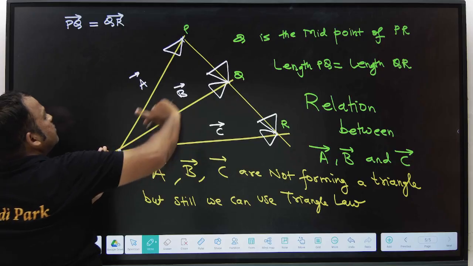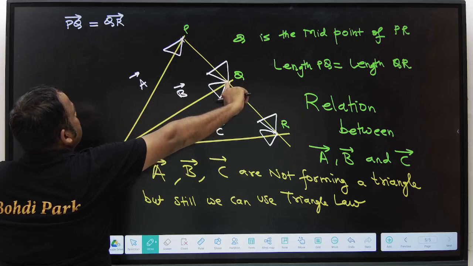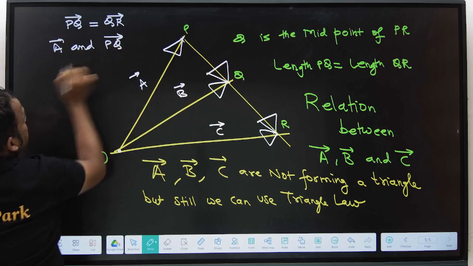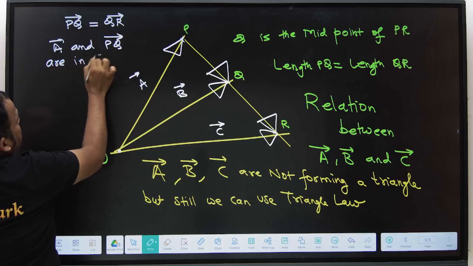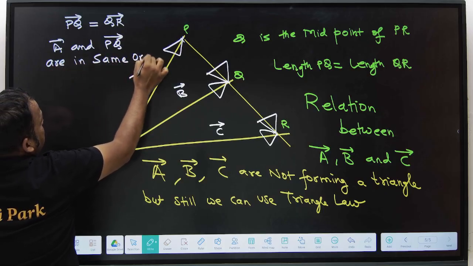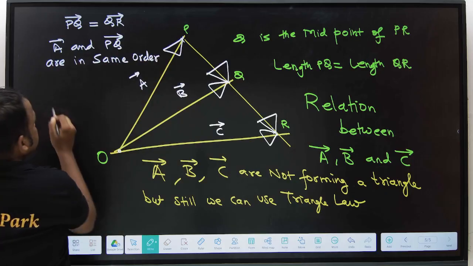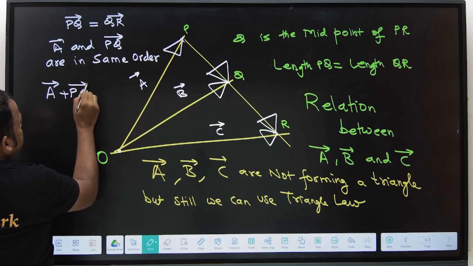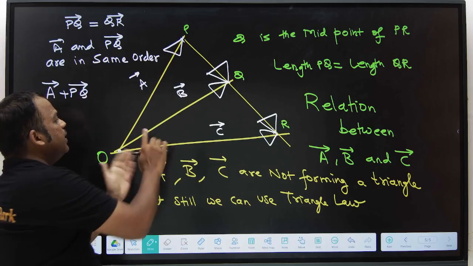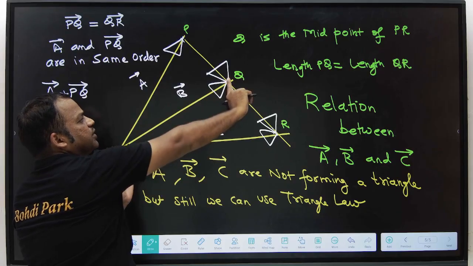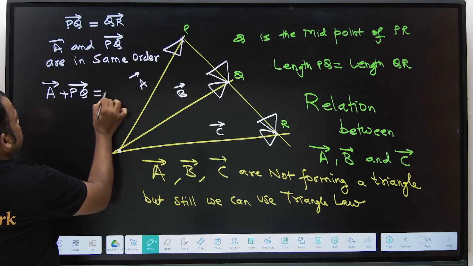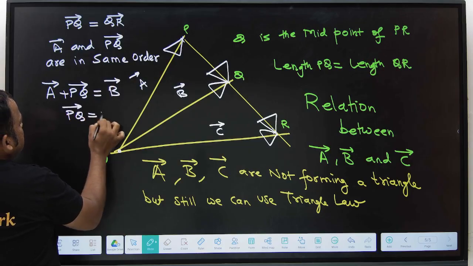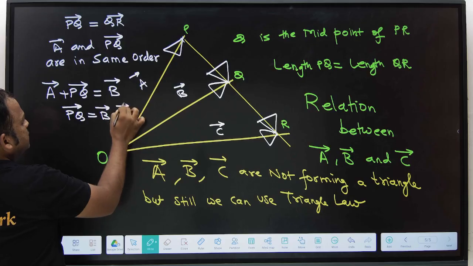Now you can observe A vector and PQ vector are in same order, so we have A vector plus PQ vector, and B vector is in opposite order, so we will write this as equal to B vector. So we have PQ vector is equal to B vector minus A vector.